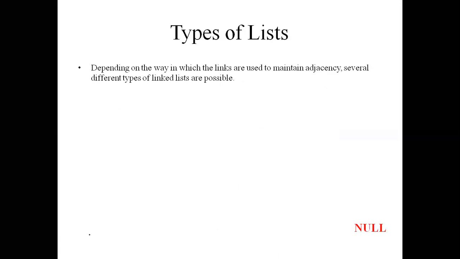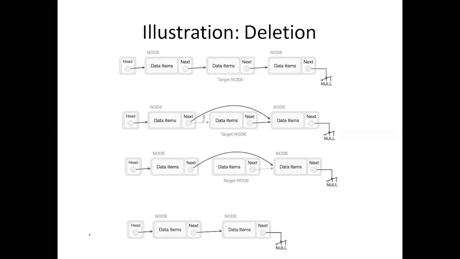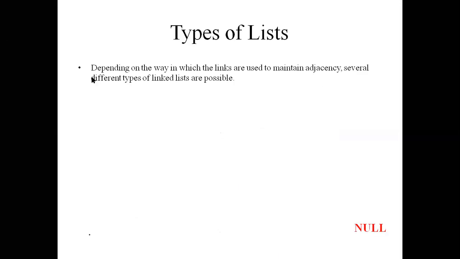So this is the operation which you can perform for deletion. Now, before going to discuss the different types of lists, we'll see an example program on how to create a single linked list.